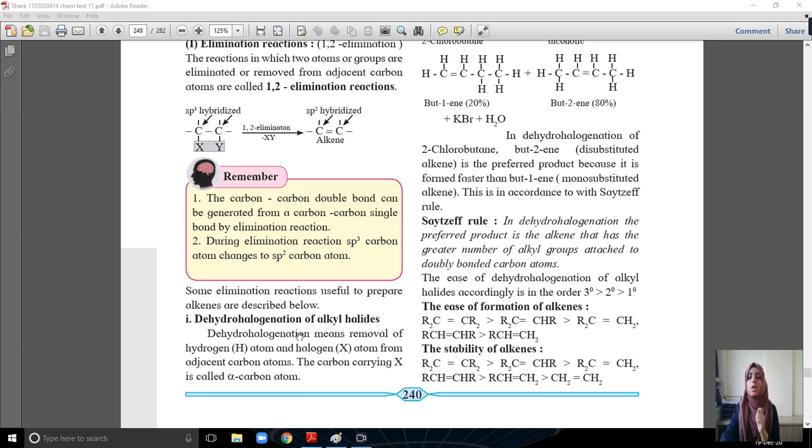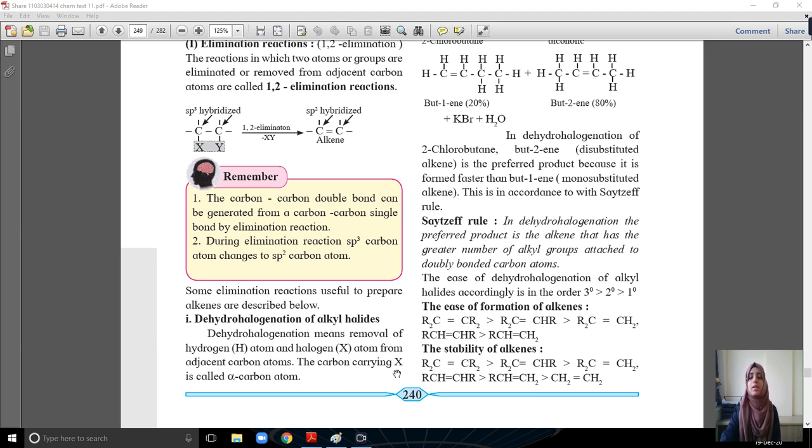Alkyl halides are haloalkanes, compounds containing halogen functionality. Halogen may be chlorine, bromine, iodine and fluorine. Dehydrohalogenation means removal of hydrogen atom and halogen atom from adjacent carbon atoms.